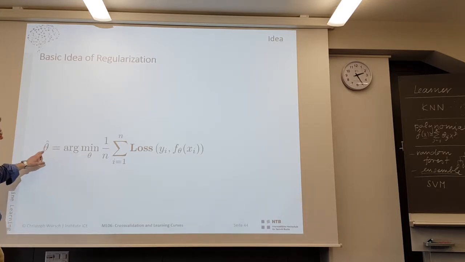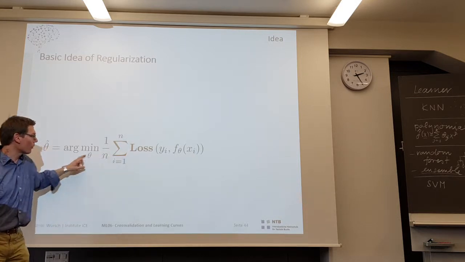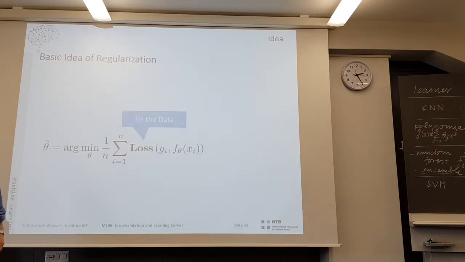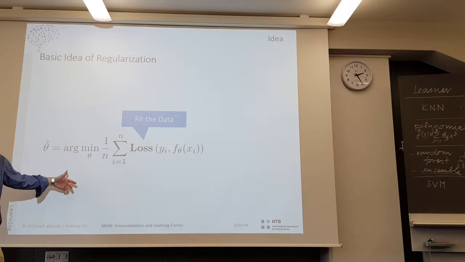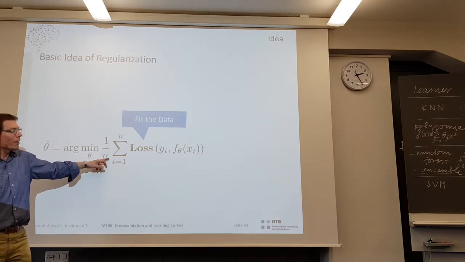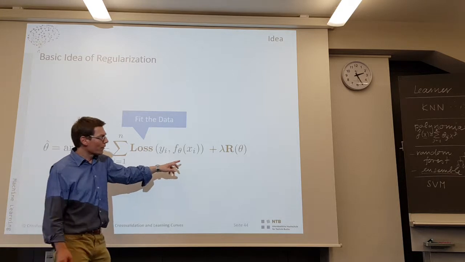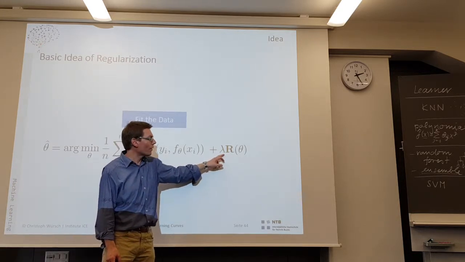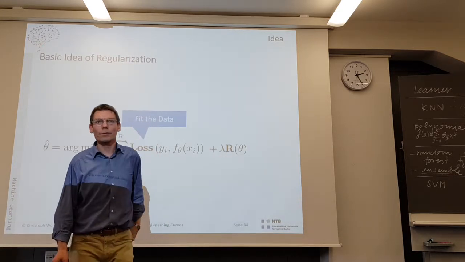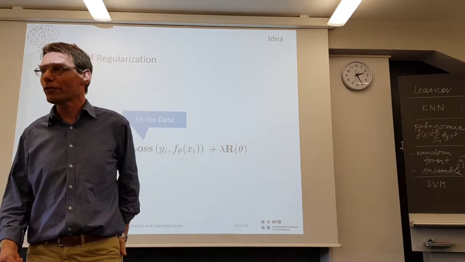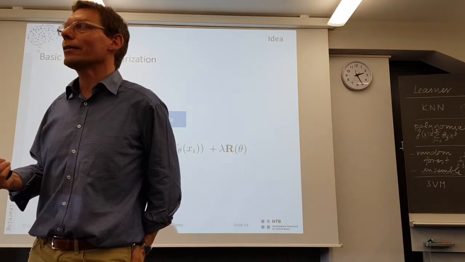We look for the parameter set that minimizes the loss, here with the argmin. Now, this fits the data perfectly, our training data, probably not our test data. Now we make a trade-off, and we add, with a given parameter lambda here, a penalty term. It's called the regularization term, R. How does it look like?